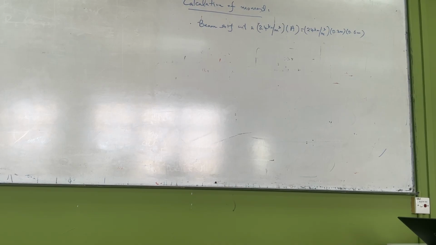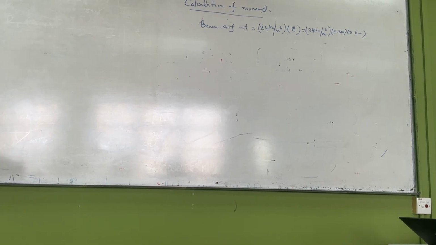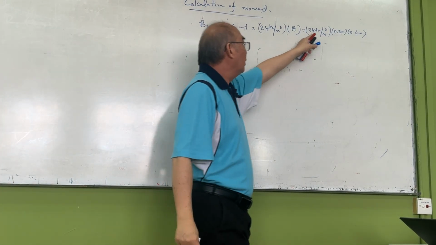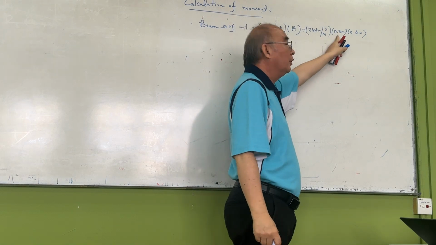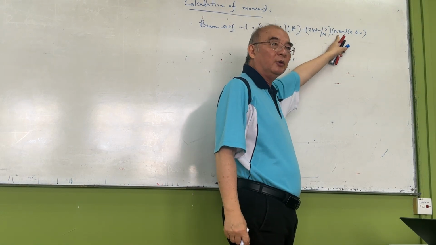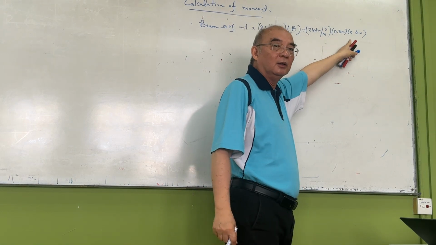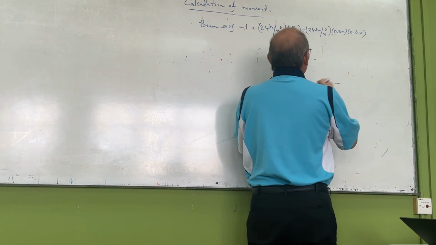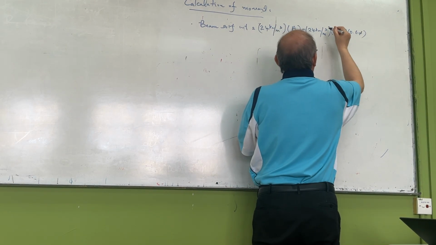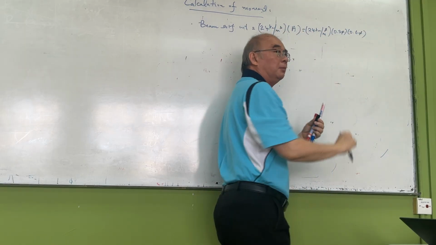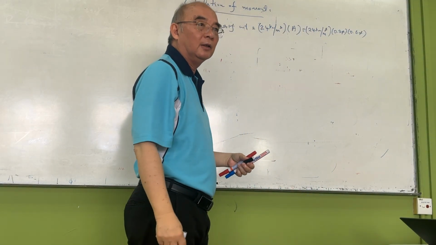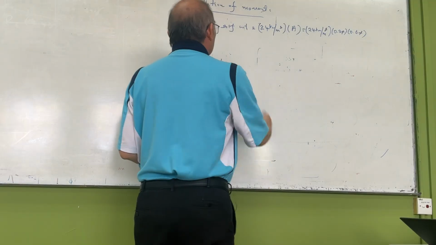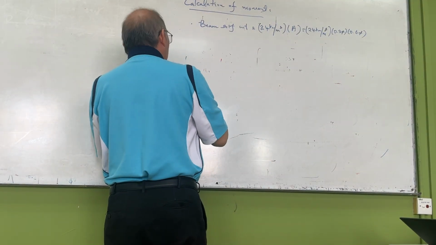The area is 300 by 600, but because this is kilonewton per meter cubed, I need to convert the 300 millimeter to 0.3 meter and 0.6 meter. So the meters cancel out, and it becomes kilonewton per meter length. Understand? So this is the beam self-weight.